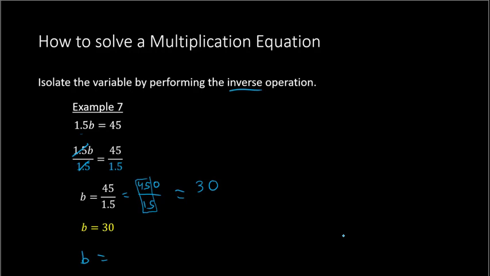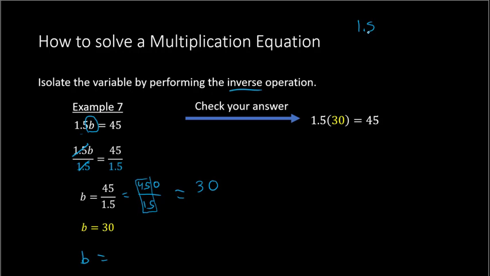And we can double check our answer by plugging the 30 back in for b into the equation. So now we have 1.5 times 30 equals 45. Now the question is, is this a true statement? So you multiply 1.5 times 30. To do that, we can put a 0 at the end, and then do the 3 times 5 to get 15.